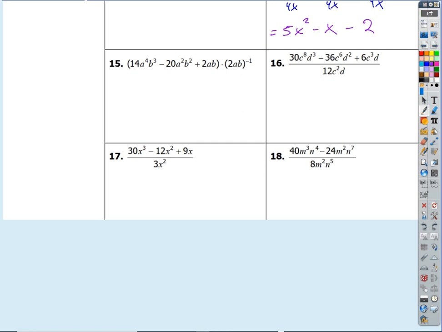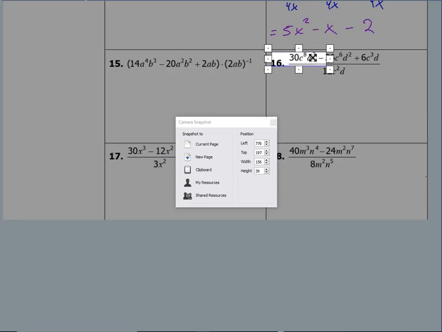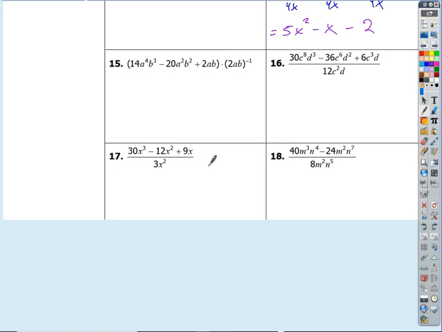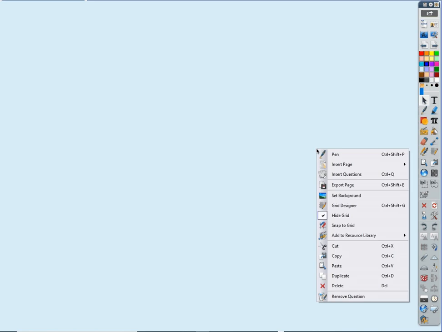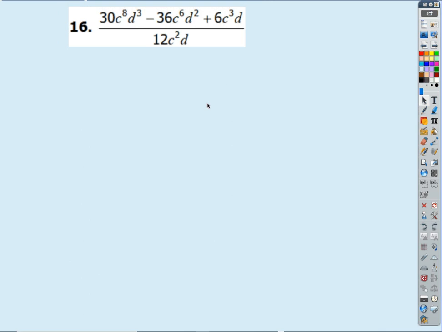Let's maybe do one, how about if we do one involving multiple variables? Let's do this one. Okay, so we can probably do that without having to write it out.